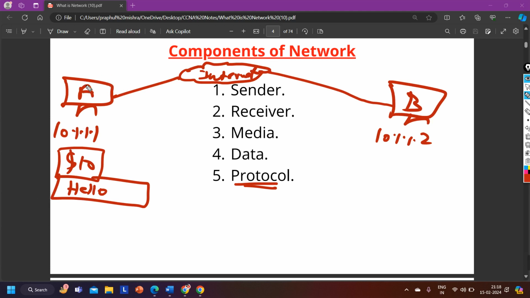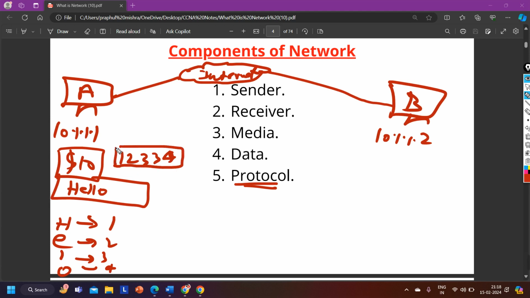For the encryption, this machine uses one algorithm: it will always encrypt H into 1, E into 2, L into 3, and O into 4. So the encrypted data will be what, guys? 1, 2, 3, 3, 4. Correct?